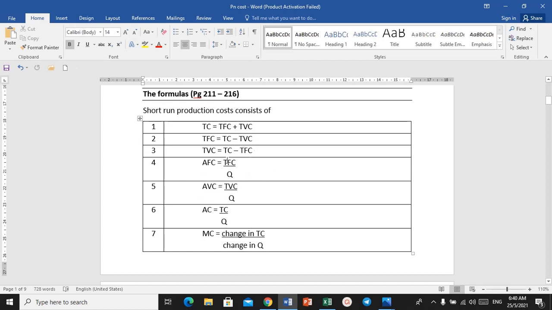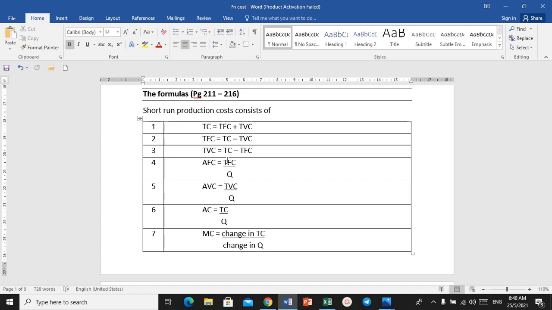We knew in our previous lesson about periods in economics that the time period can be divided into 3: market period, short run period and long run period.